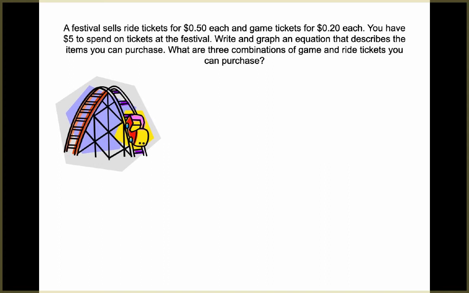So what we want to do is first identify variables for our different tickets. So we're going to say our ride tickets, let's call it R. R is ride. We have game tickets, so let's call that G. G equals game tickets. You have $5 to spend on tickets at the festival.